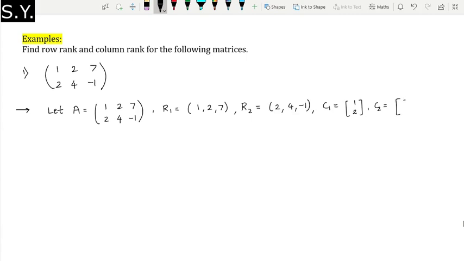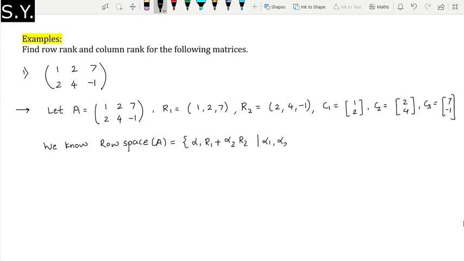We know the row space of A is, in this case, alpha 1 R1 plus alpha 2 R2, such that alpha 1 and alpha 2 belong to R. This is the linear span of S, where S contains two vectors, R1 and R2.